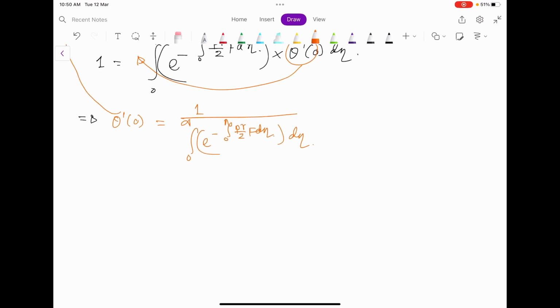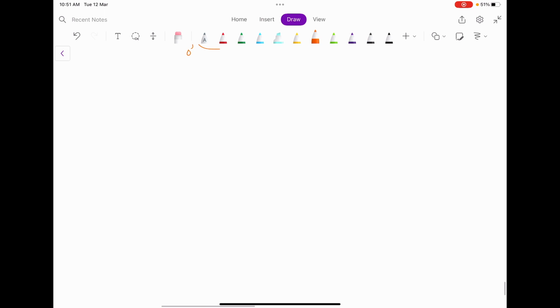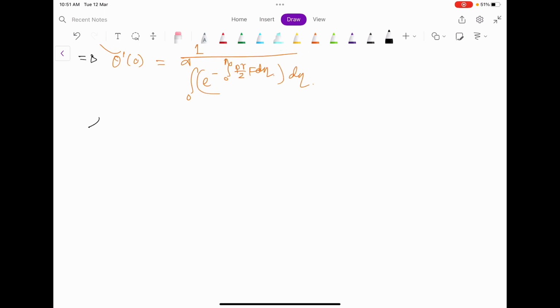Now I will calculate the Nusselt number. I have shown you that the Nusselt number is nothing but the non-dimensional temperature gradient at the wall.